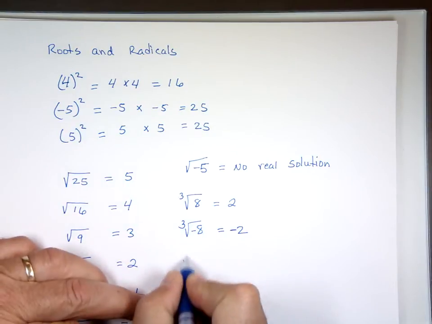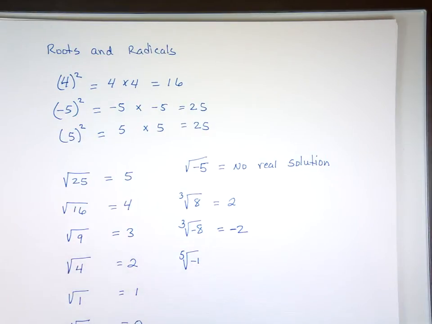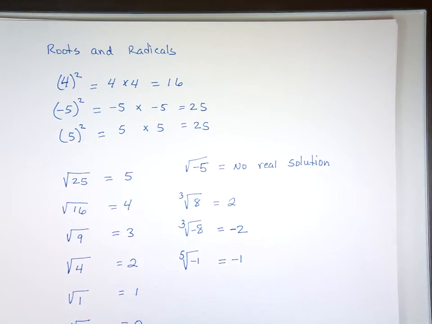Like the 5th root of negative 1. What number if you multiply by itself 5 times, the answer is negative 1? Negative 1. Negative 1 times a negative 1 times a negative 1 times a negative 1 times a negative 1 is negative 1.